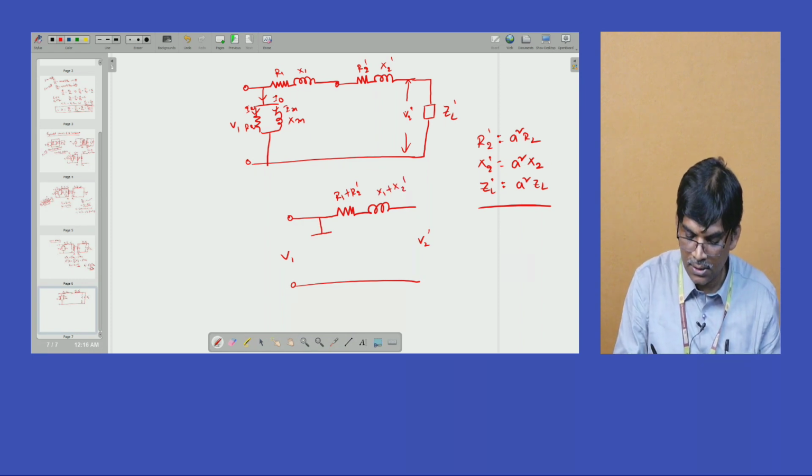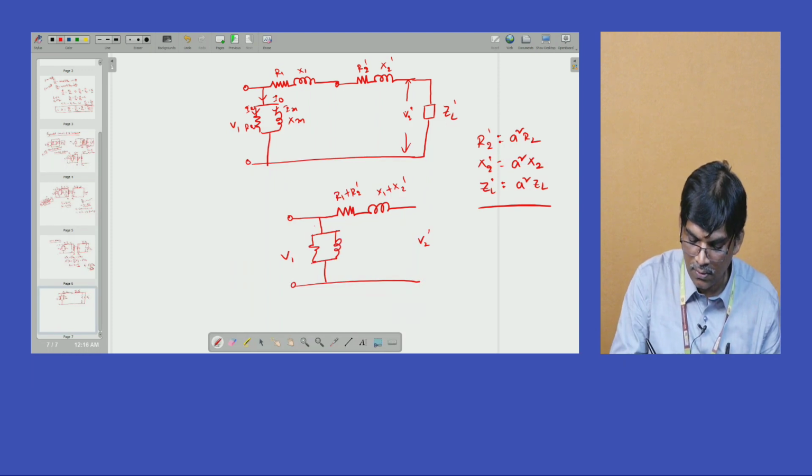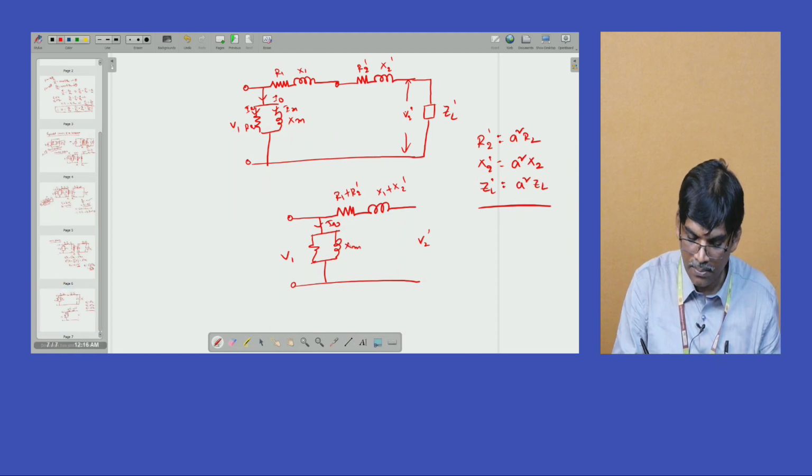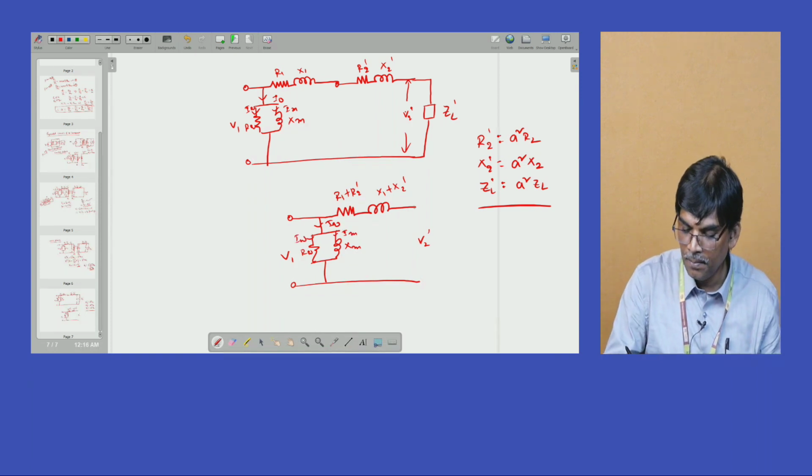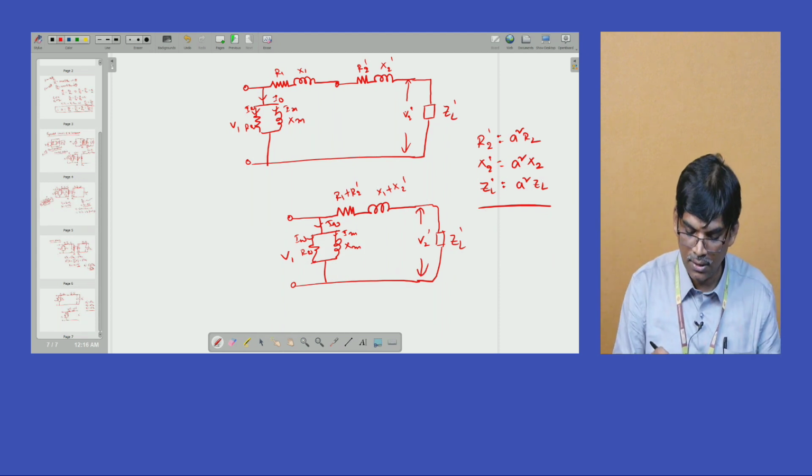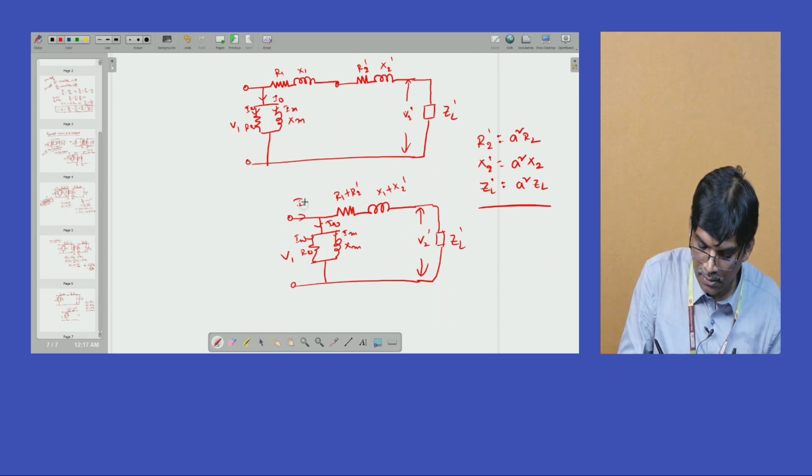The shunt parameters we can take like this, this is I0, and XM, with the components IW and IM. It is connected to the load, that's why it is called ZL dash, that is ZL. This is the equivalent circuit of the transformer with respect to primary.